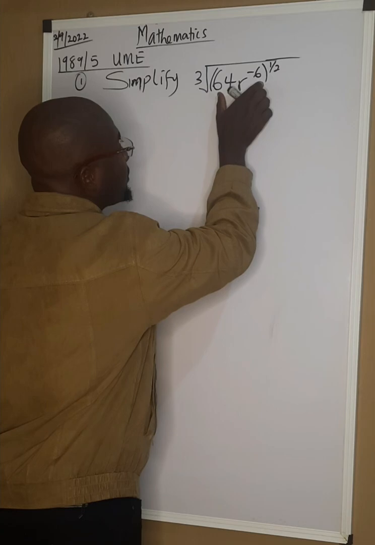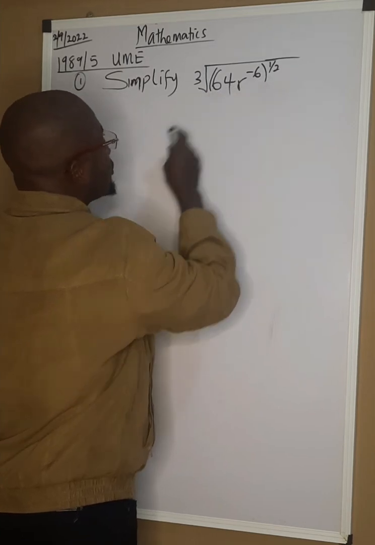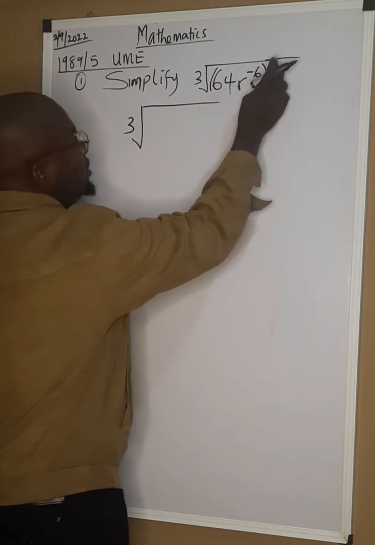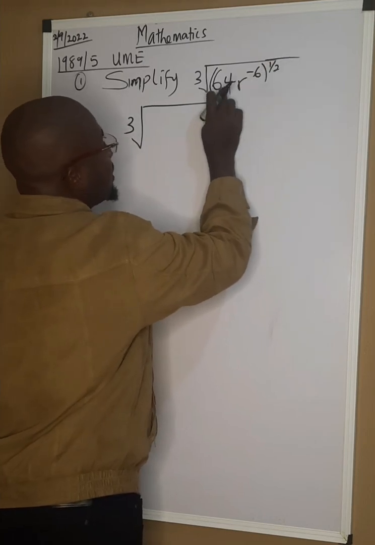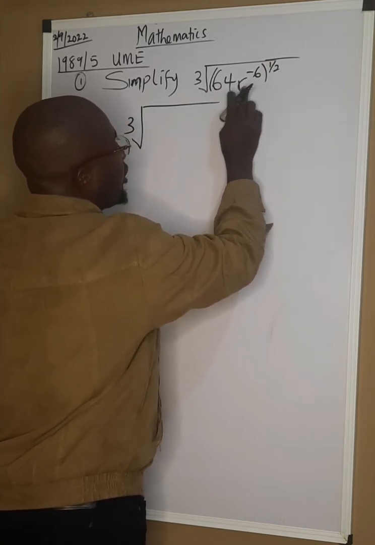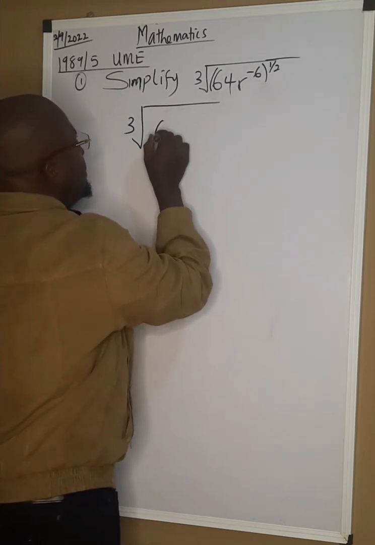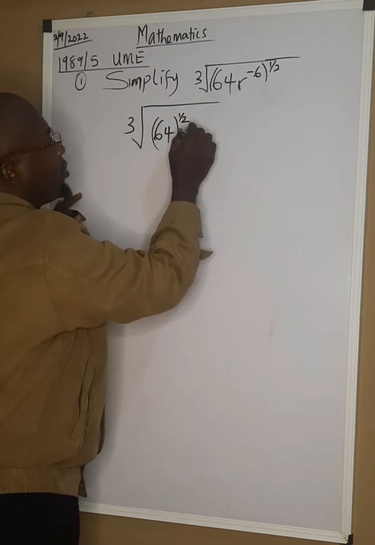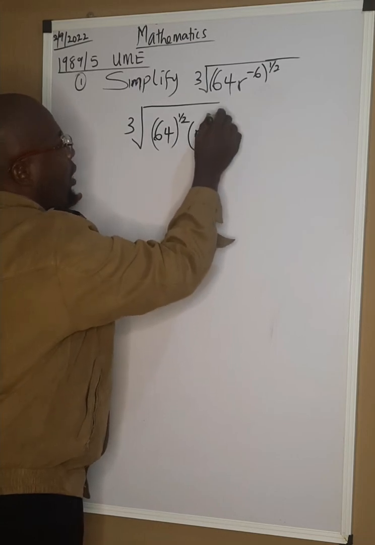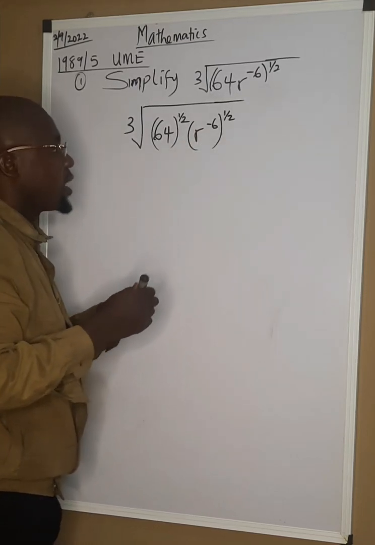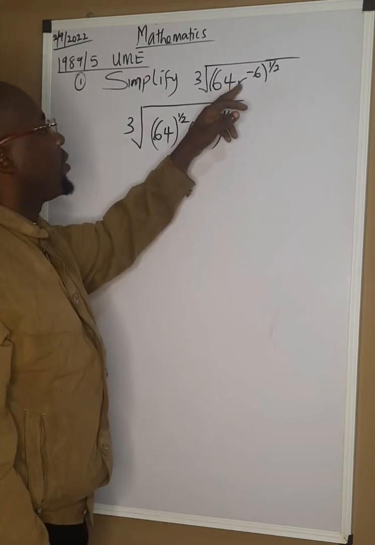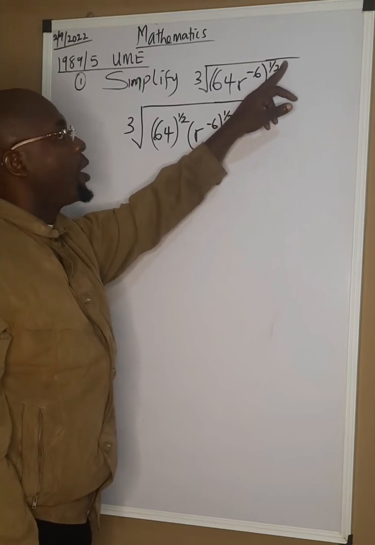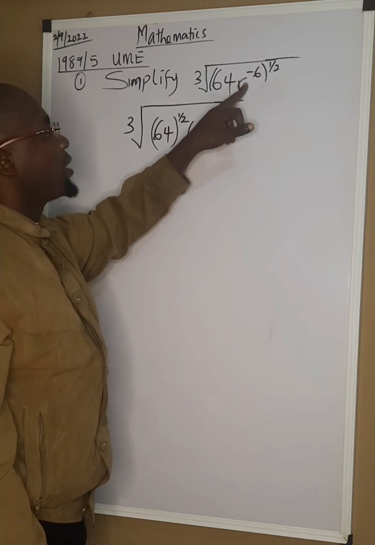I would write the cube root, then this power 1 over 2 is affecting 64 and also affecting r^6. So I will write 64 raised to power 1 over 2, then r^6 raised to power 1 over 2, because this 1 over 2 is a power that is affecting both 64 and r^6.